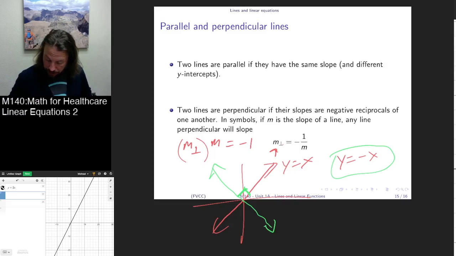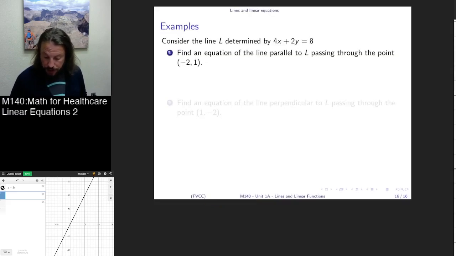Let's practice using that. Let's consider a line determined by 4x plus 2y equals 8.